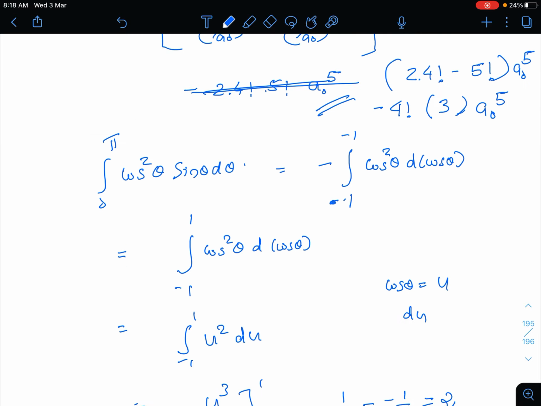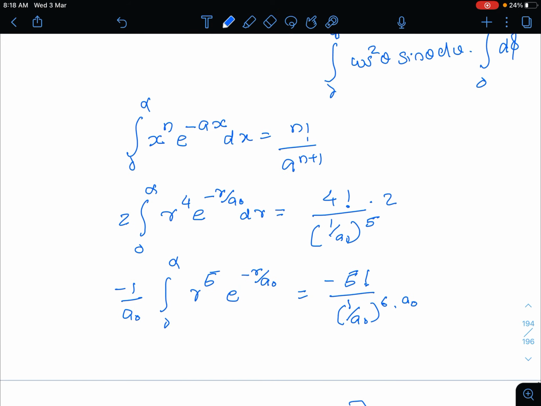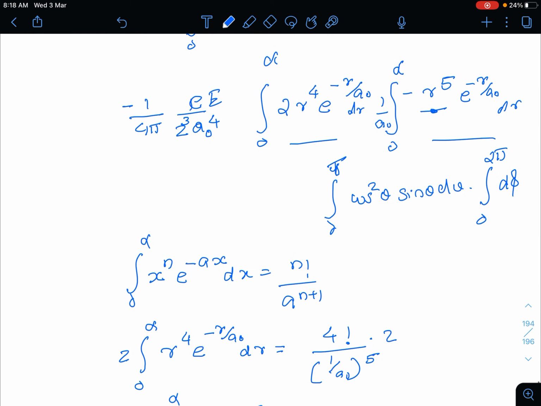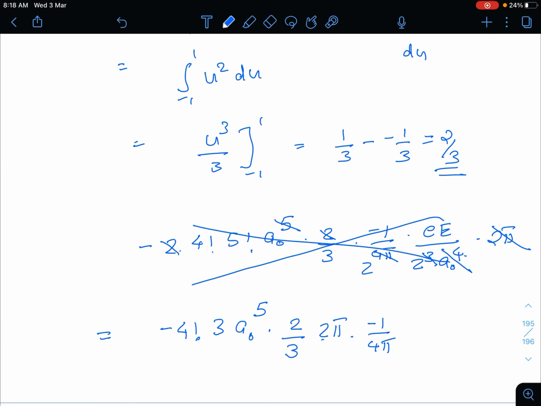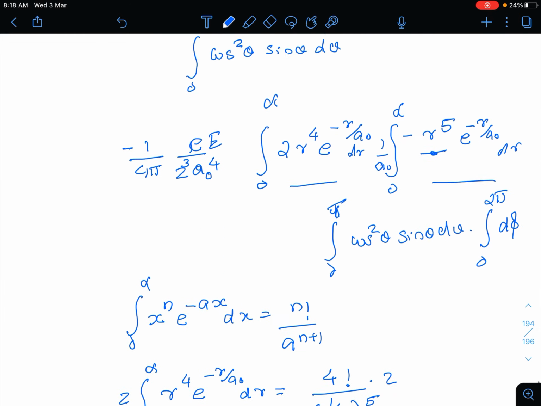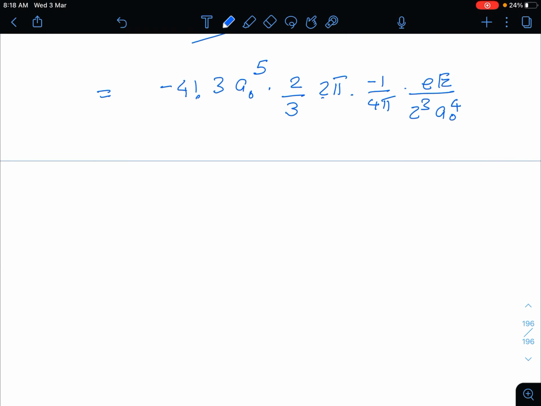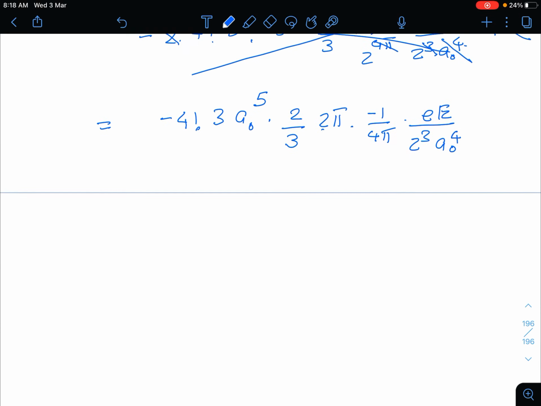Minus 1 by 4 pi into minus 1 by 4 pi, sorry, e by 2 cube, e by 2 cube a0 raised to 4, right? a0 raised to 4. Sorry, so there was a huge mistake we made. I'm really sorry for that.